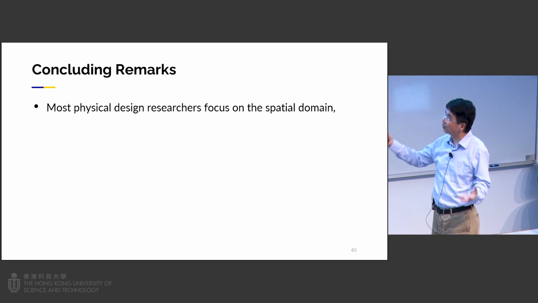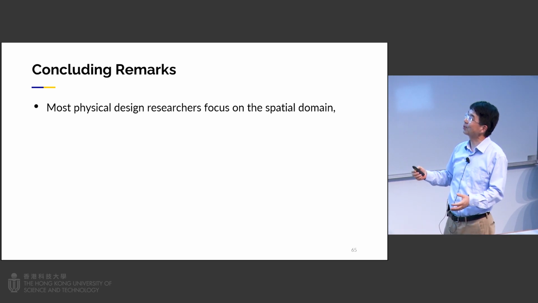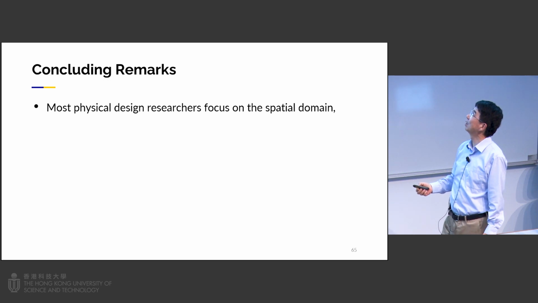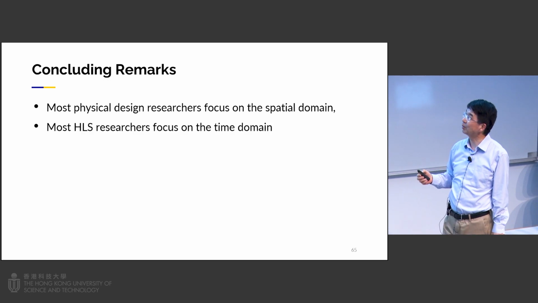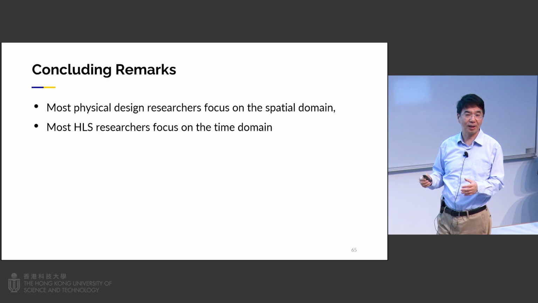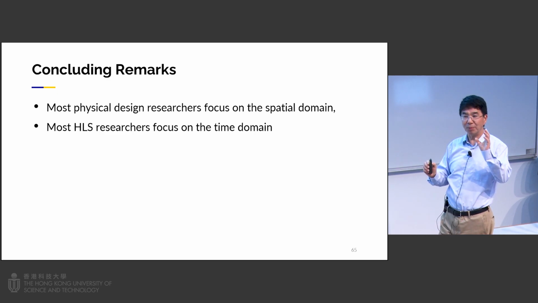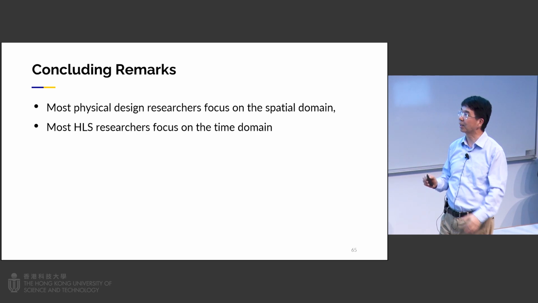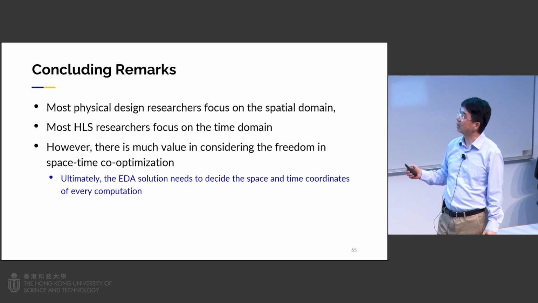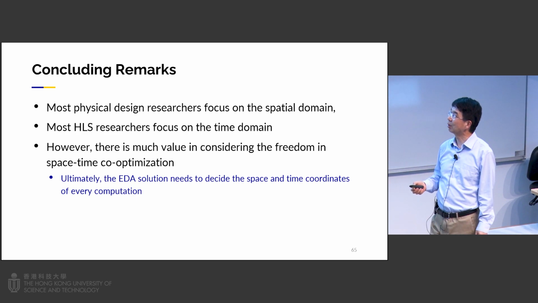And I said, you guys, me included, in fact, 20, 30 years ago, we focused mainly on spatial domain, space variables. And once I started working on high-level synthesis, I noticed the high-level synthesis guys don't care about the spatial variables. They care mainly about time variables, scheduling, which steps will execute what. However, there's much value to consider space-time co-optimization.